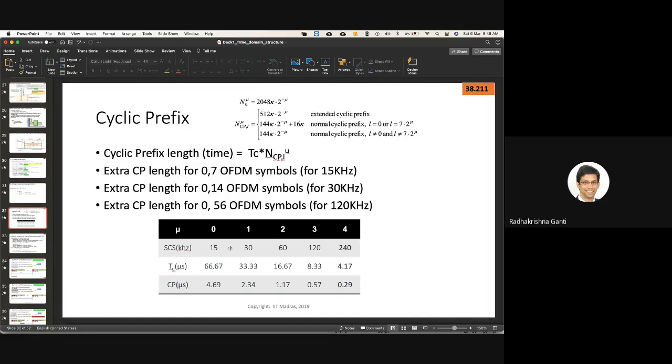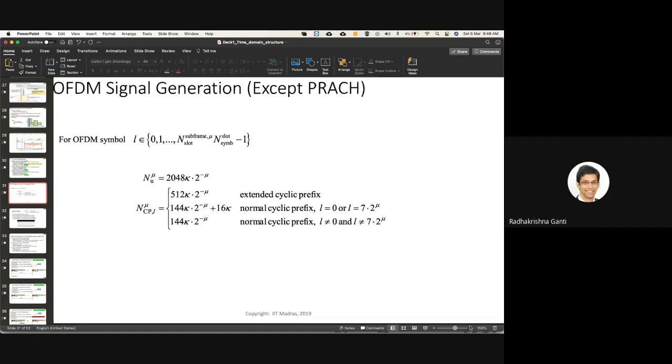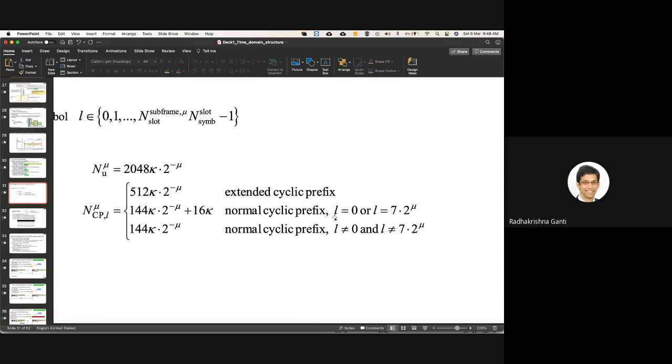It turns out that there are two types of cyclic prefix. Forget about extended cyclic prefix. In the normal cyclic prefix also, remember what our l was? Maybe I'll zoom into this formula so that you can see. Remember our l was the OFDM symbol index. Let's just stick to μ equal to 1, which is 30 kilohertz subcarrier spacing.